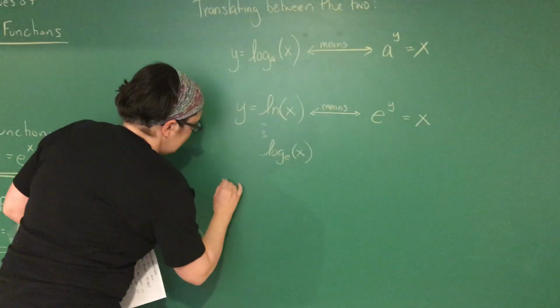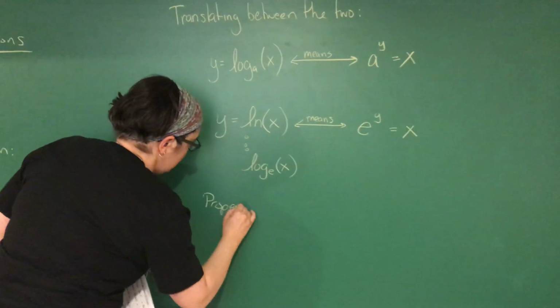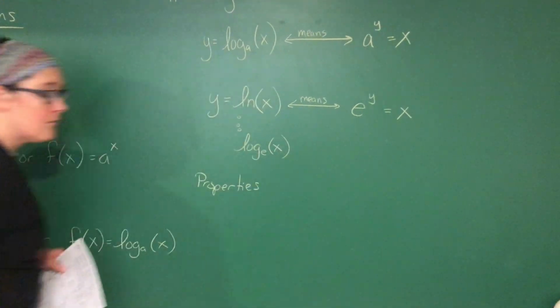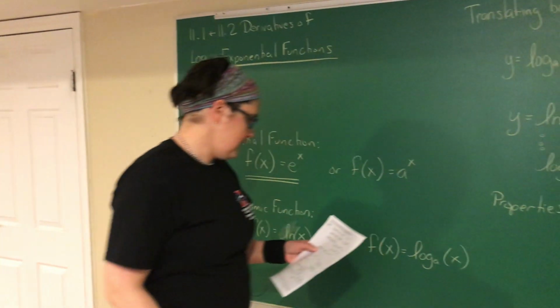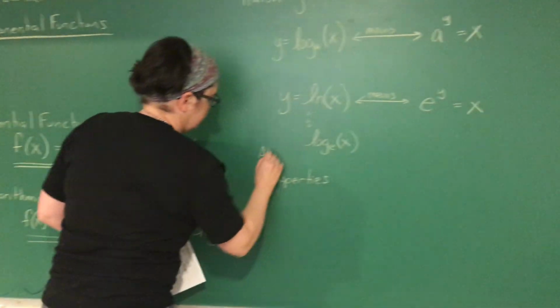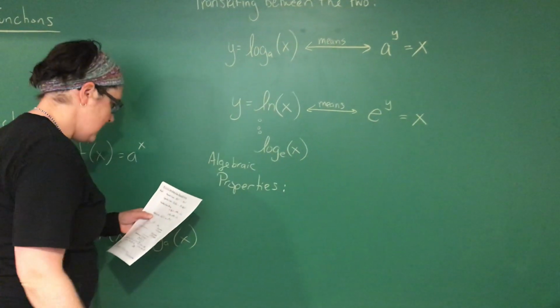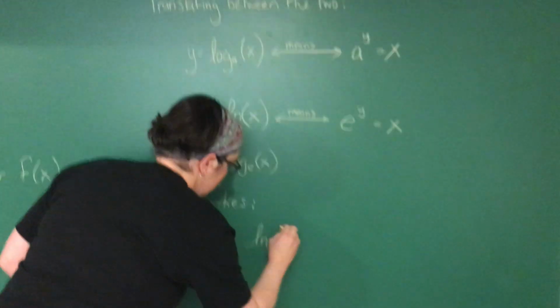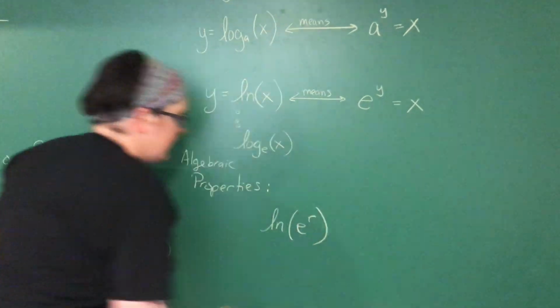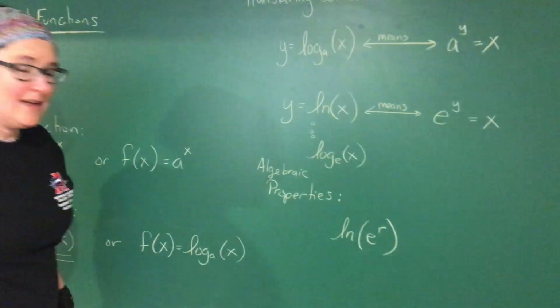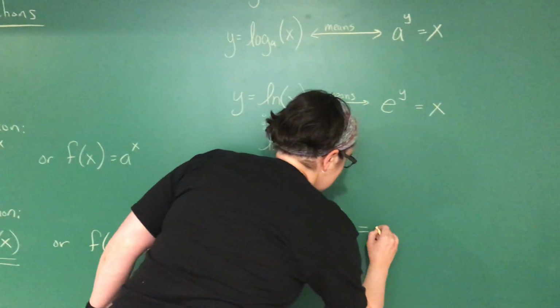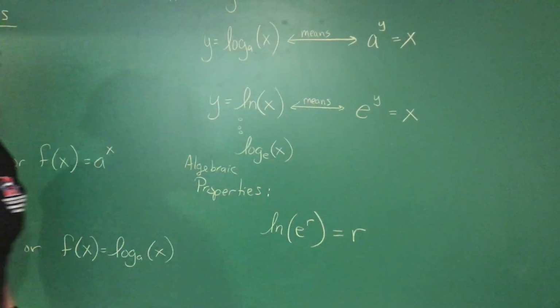Maybe one last piece of information that I'll talk about in terms of algebraic properties is that if you have natural log of e to a power, this is exactly the same as just the power.